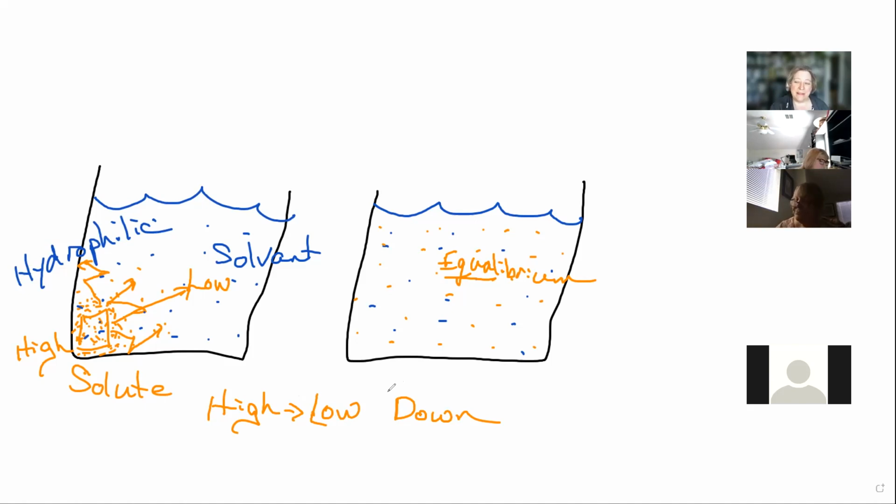So down is not necessarily down. Going from high to low is down. Going from low to high is going up the concentration gradient. So going this direction.